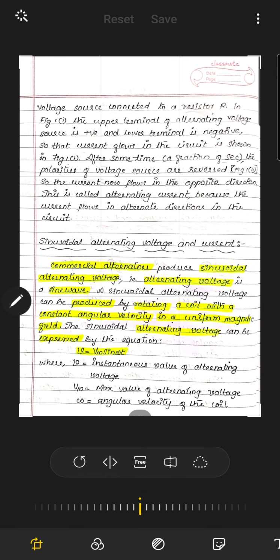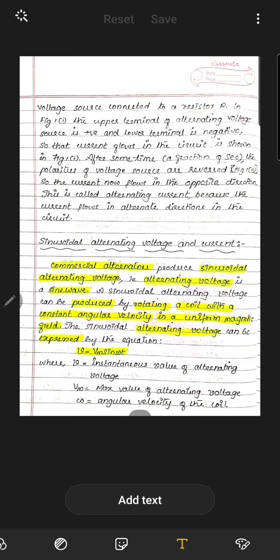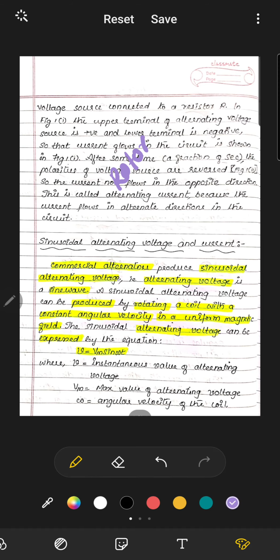You should know the construction of an alternator. One second, before that I will write here. For an alternator, there will be a rotor as well as a stator.